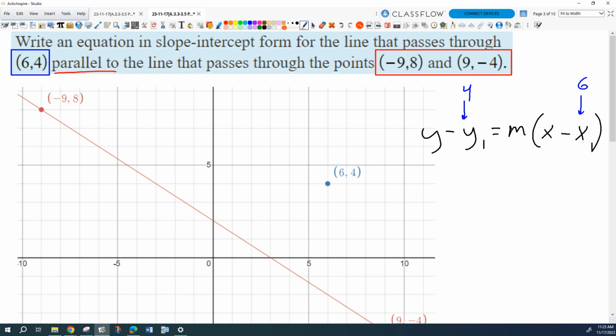Okay, let's do that. So the slope of the red line is what minus what on the top? I got to get the y coordinates on the top, not the x coordinates, right? So negative 4 minus negative 8, which gives me 4 on the top. Oh, whoops. Oh, minus negative 8. You're right. Got to go back.